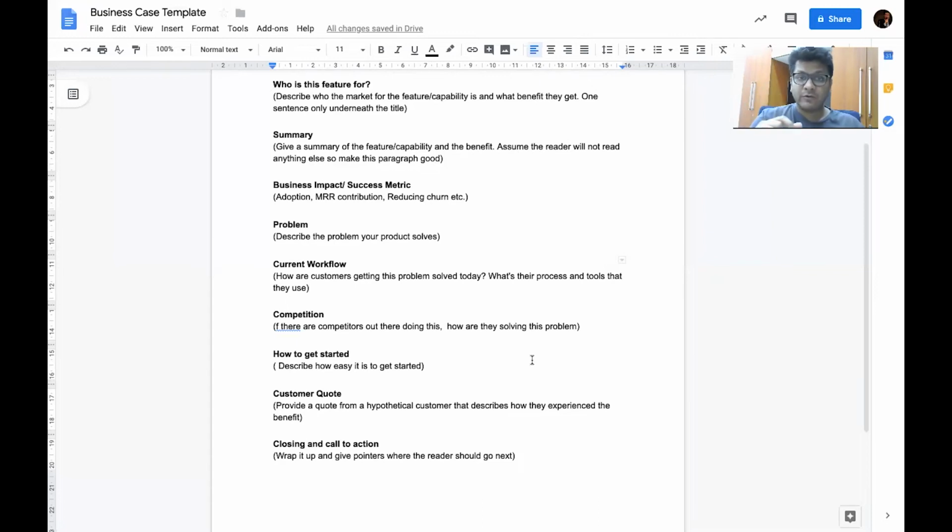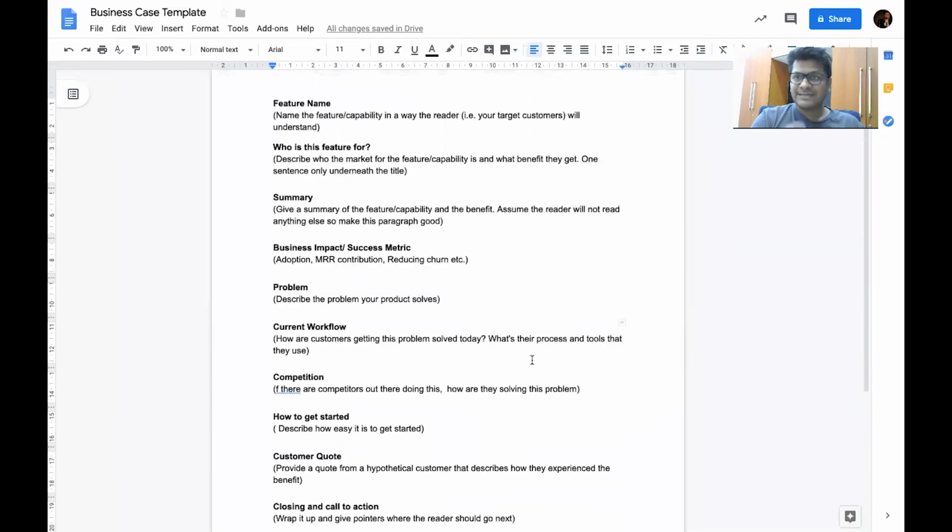So understanding that would be important, and empathizing with that would be important when you write the customer quote. And then you also give them a closing and call to action, like what should they do next, or where should they go after this, and how should they explore the feature, and stuff like that. So having this story in place is important.